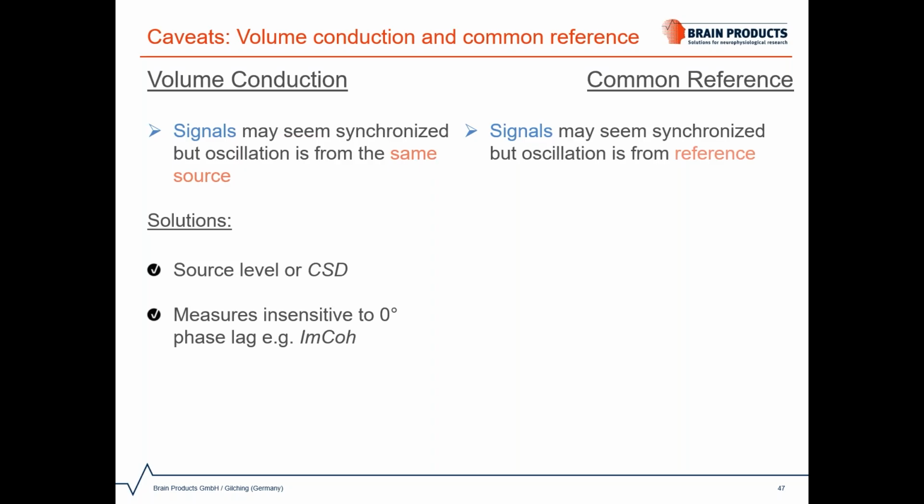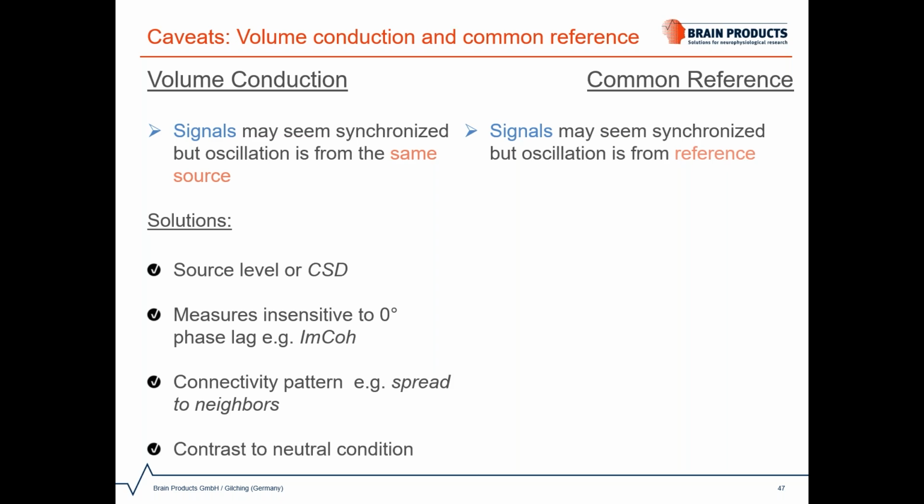Another common approach is to use source reconstructed data that is also less affected by volume conduction. It also always helps to take the connectivity pattern that we can observe across channels into account. For example, if we find high correlation values between neighboring channels, we should take extra precautions.